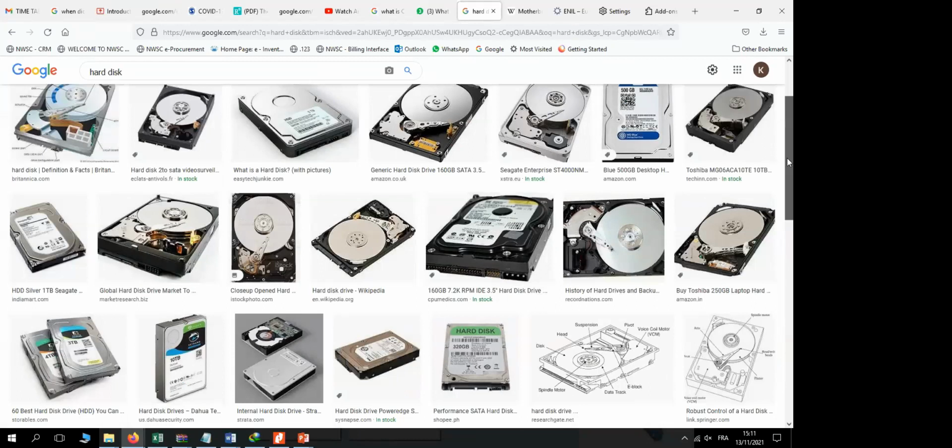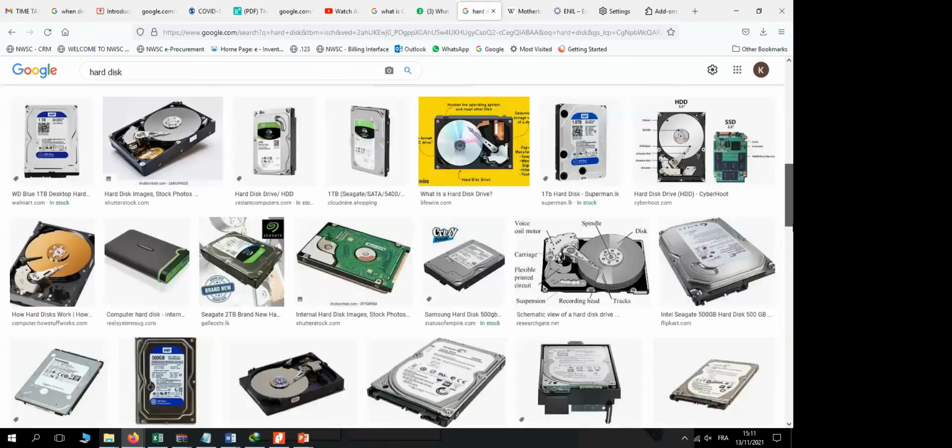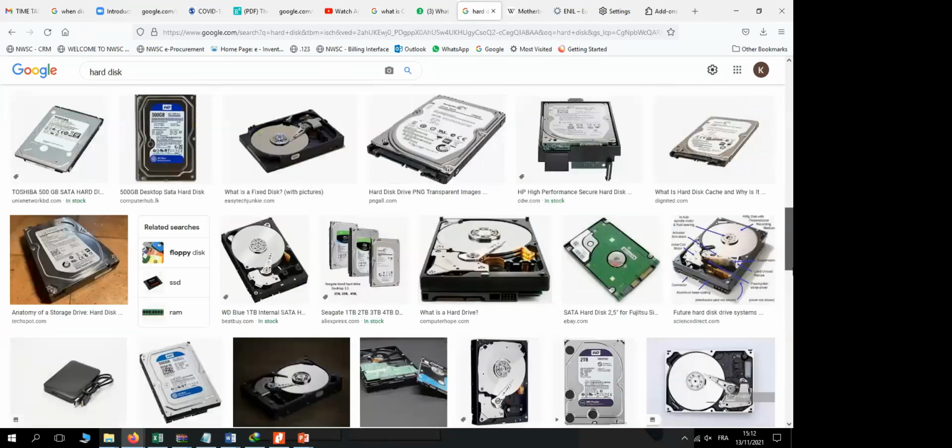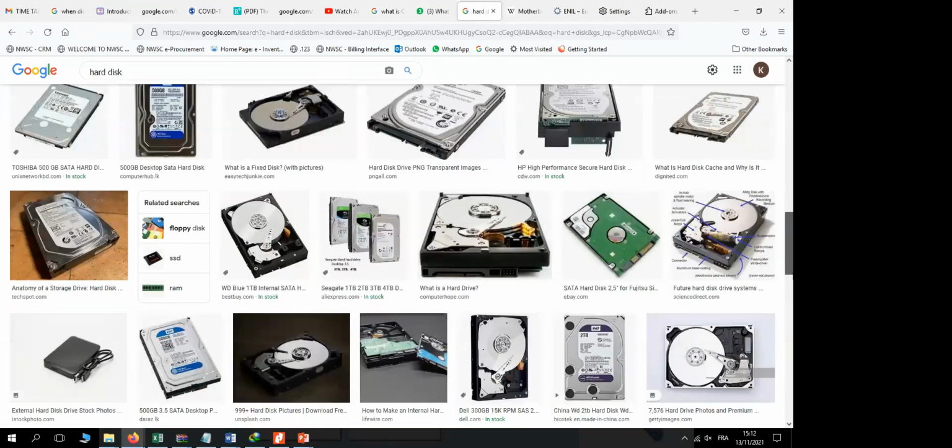Then laptops. Most laptops use, I think, this size here where my cursor is. This size for the laptop is smaller than these ones you are seeing for the desktop. For the desktop, they are big in size, whereas since a laptop is small in size, its hard disk is also small.